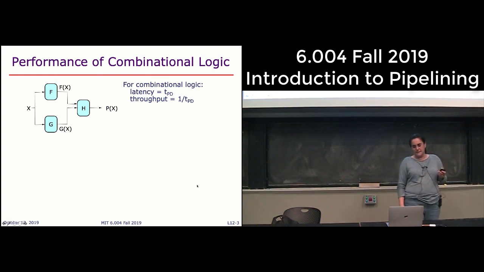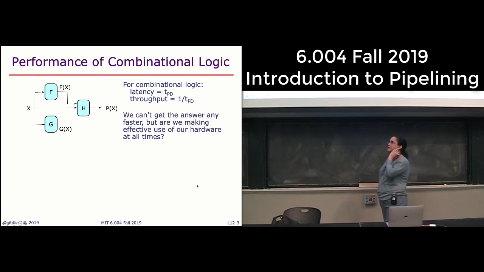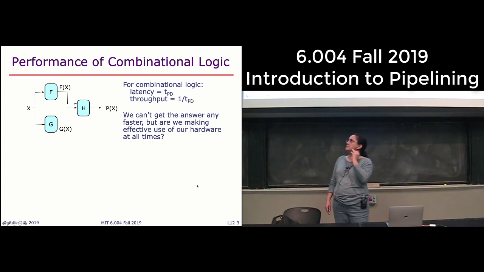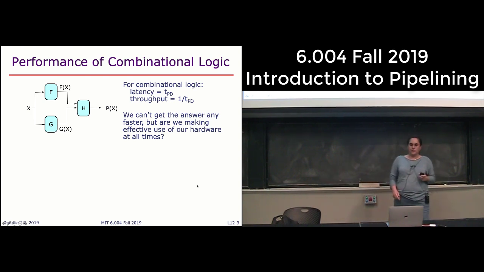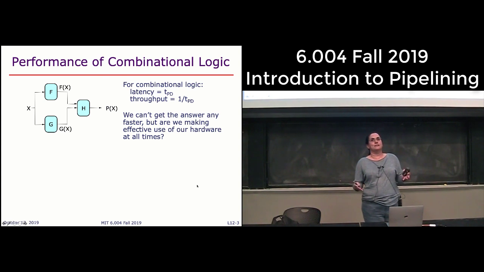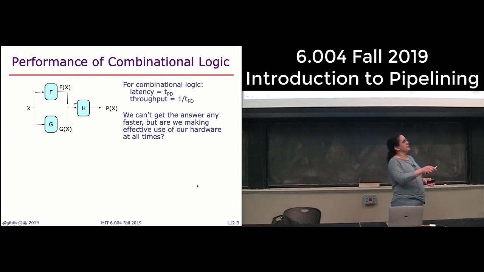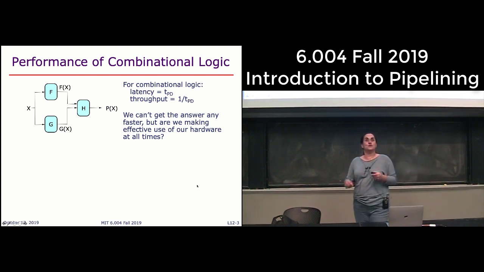So this might make you think about whether we are really using our hardware in the best way possible. Regardless of what's going on in the circuit, I can't get my output any faster, right? I have to first go through F and G, and only when those two computations are done can I go ahead and have H run, right?